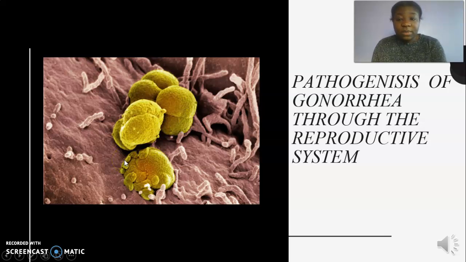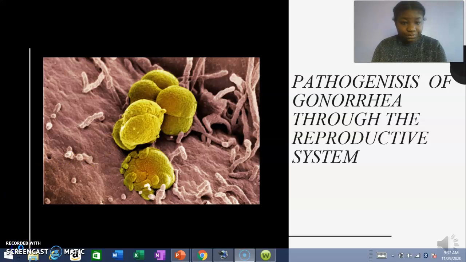So we're going to talk about the pathophysiology of gonorrhea, or the pathogenesis. The way that this disease attaches itself and creates this infection within the reproductive system is first through sexual contact.